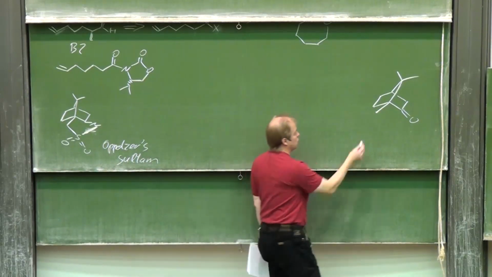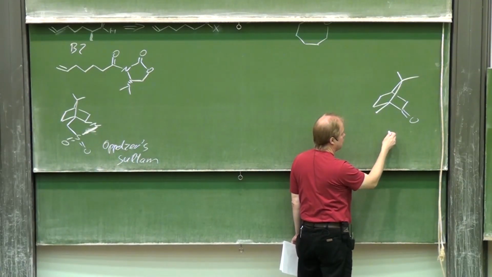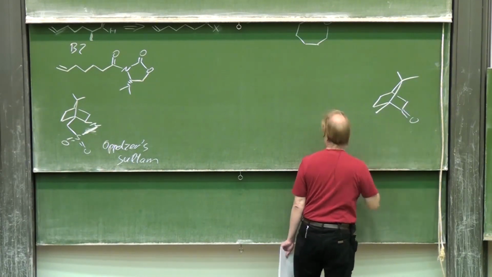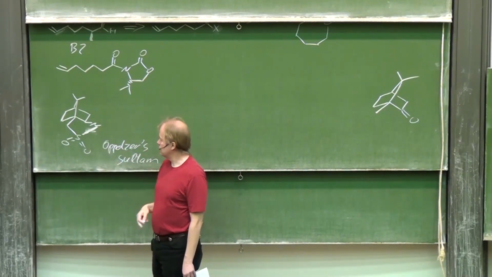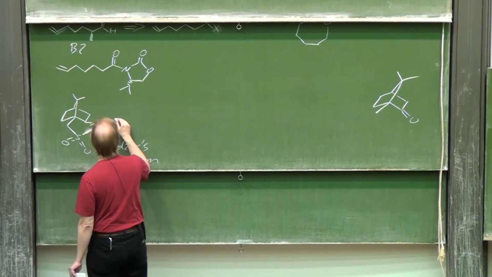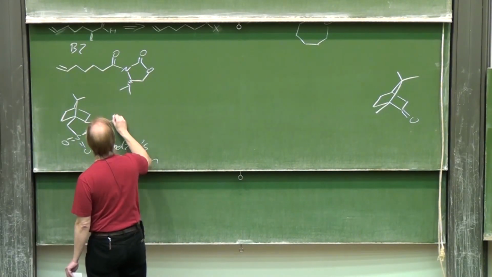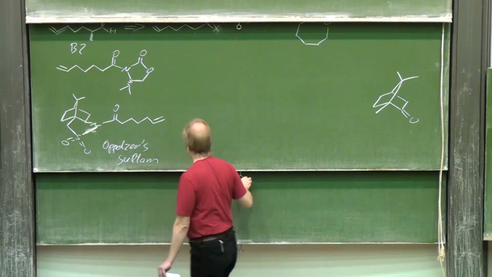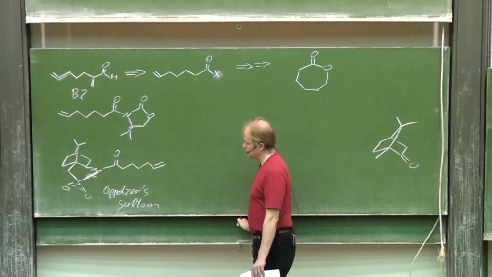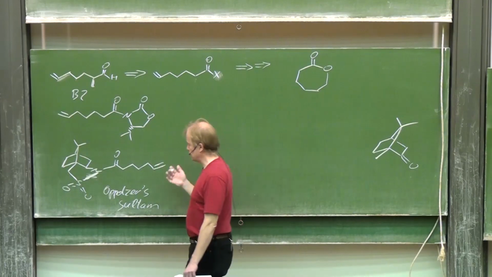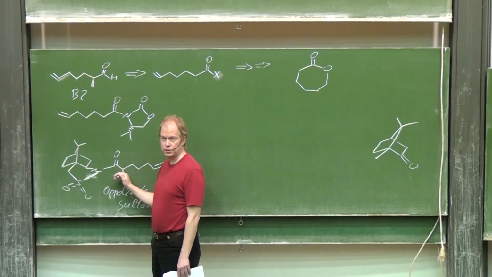So, you can form the sulfonic acid, you form the amide, and well, then some kind of reductive amination will form this one, Oppolzer's sultam. And now you can form corresponding imides similar to this one. And that is then the structure which waits to be enantioselectively methylated here at this position.